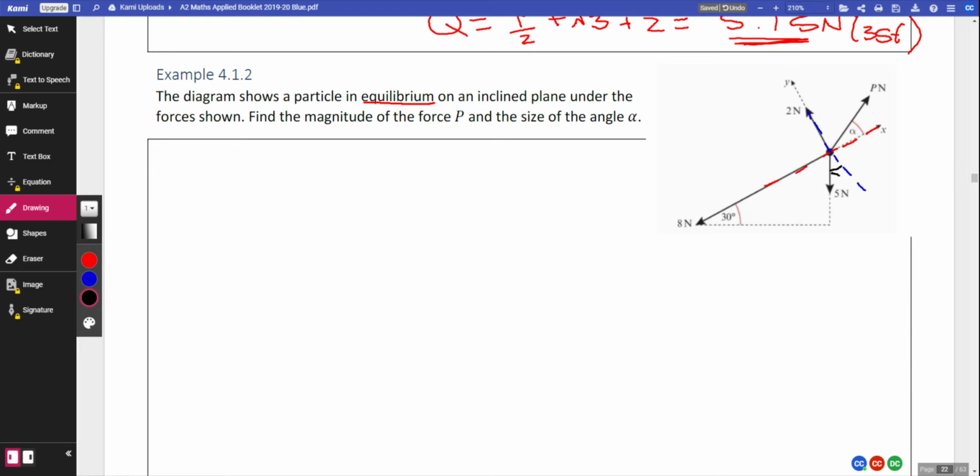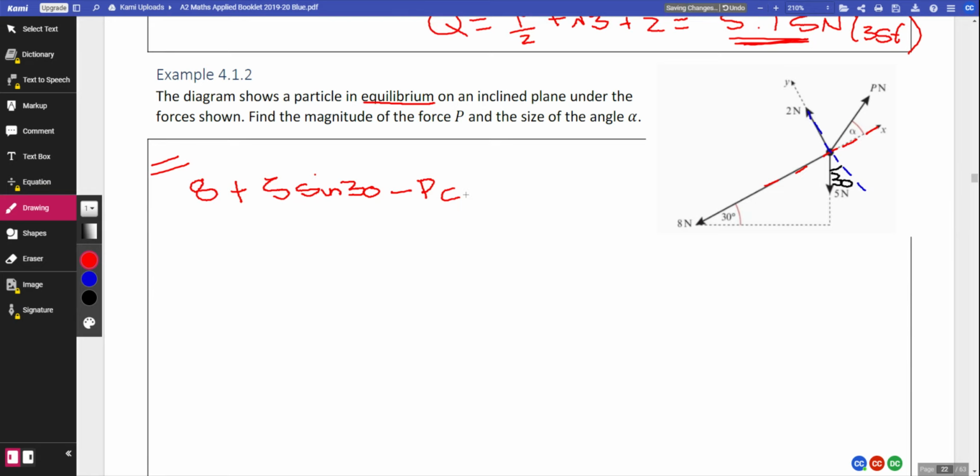That angle there between 5 and the perpendicular is 30 degrees. So setting up, let's go parallel to the plane first. Acting down the plane, I've got 8 plus 5 sine 30. Could have used cos 60 at that point if you wanted to. P is acting in the opposite direction, so that gets subtracted and it needs resolving because it doesn't lie on the red line.